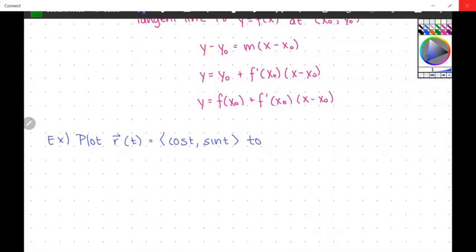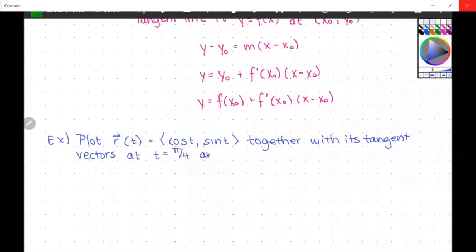Together with its tangent vectors at t equals pi over 4 and t equals 3 pi over 2.